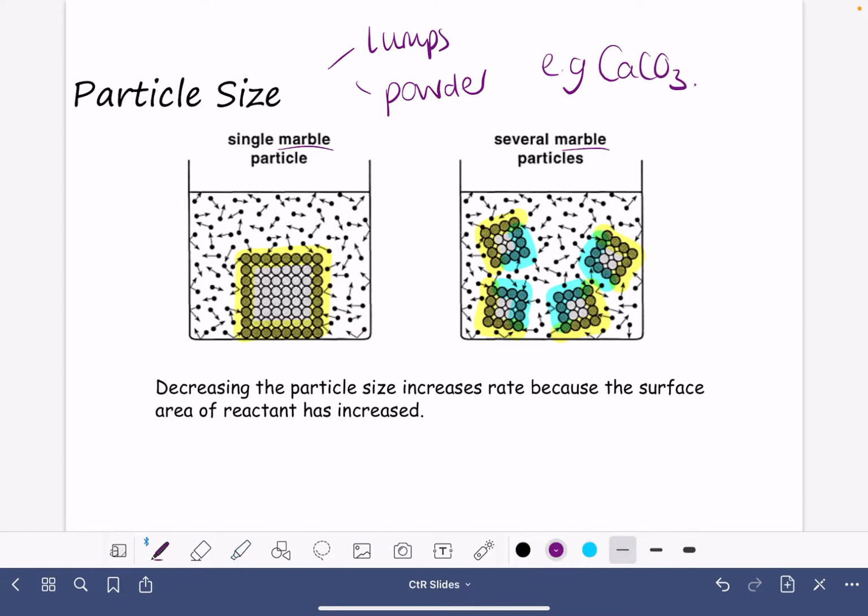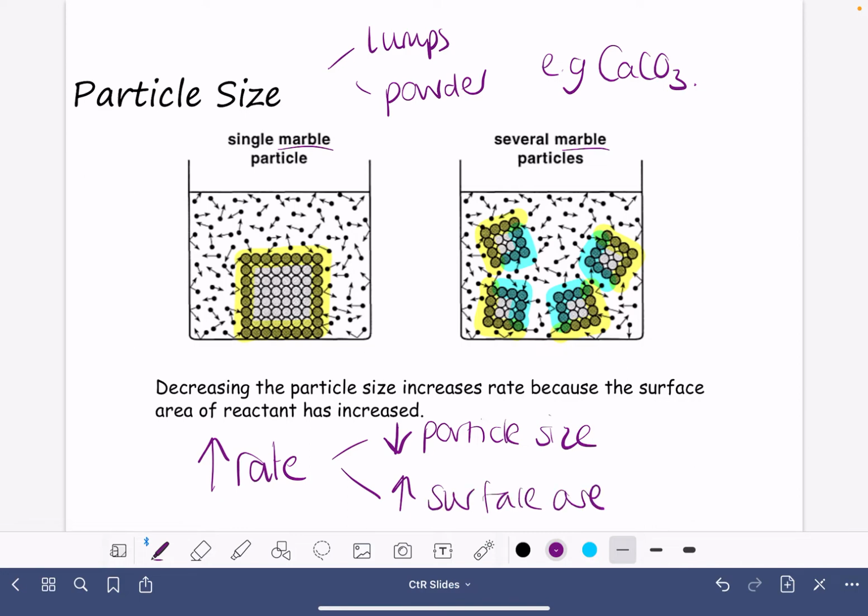So decreasing the particle size increases rate because the surface area of reactant has increased. So one thing to remember is that if we want to increase the rate, then we can decrease the particle size, which can also be phrased as increase the surface area.